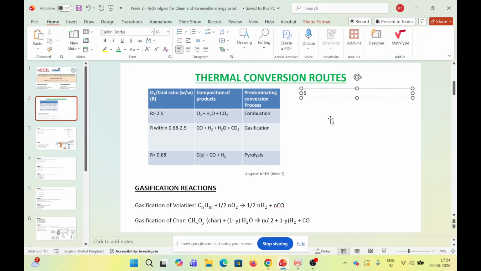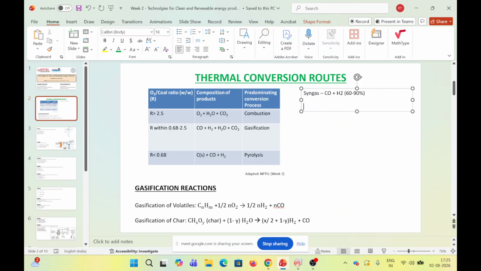So in case of syngas, the composition is going to be majorly carbon monoxide plus hydrogen gas. Both of them are going to comprise about 60 to 90 percentage of the combustible gas that is going to be produced. So 60 to 90 percentage of the produced gas contains CO plus H2.